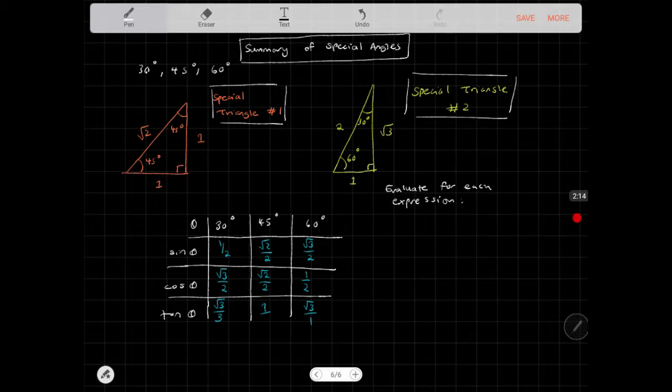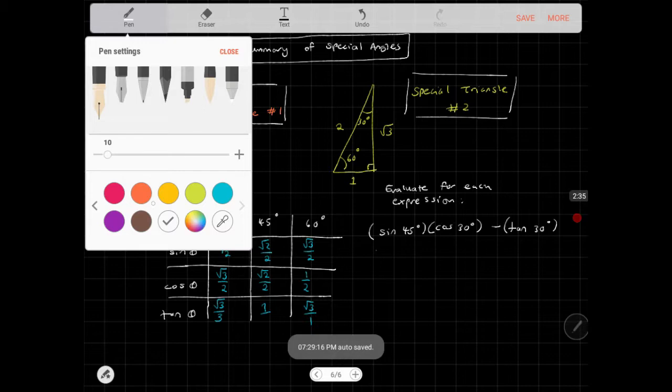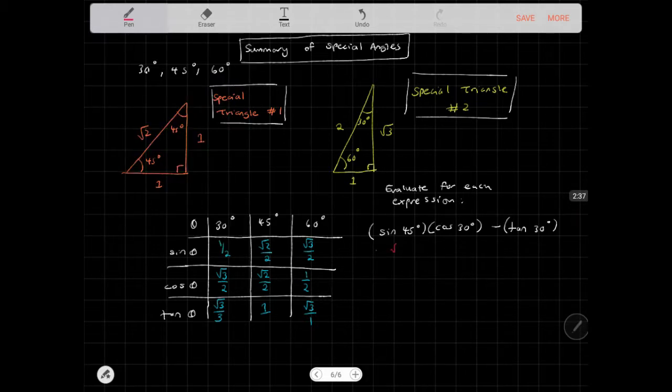Let's say we had sine 45 degrees times cosine 30 degrees minus tan 30 degrees. In this case, sine 45 is square root 2 over 2, cosine 30 is square root 3 over 2, and tan 30 is square root 3 over 3.